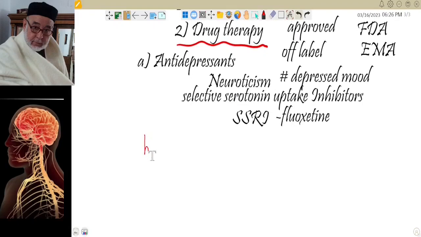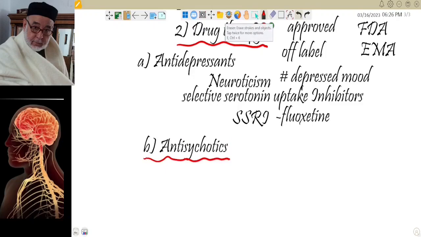Second group are the antipsychotics. From their name, antipsychotics are drugs which are used for treatment of psychosis, as we have said. So we will talk about the details of these drugs when we come to the treatment of psychotic illnesses. The most famous example is trifluoperazine.